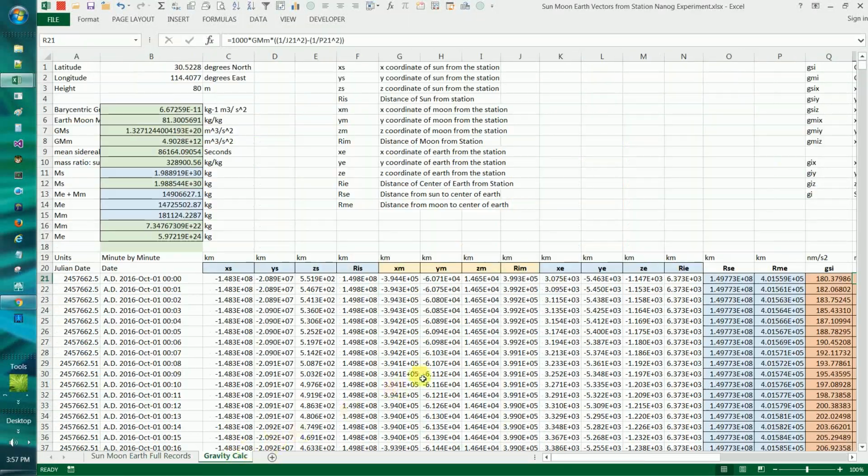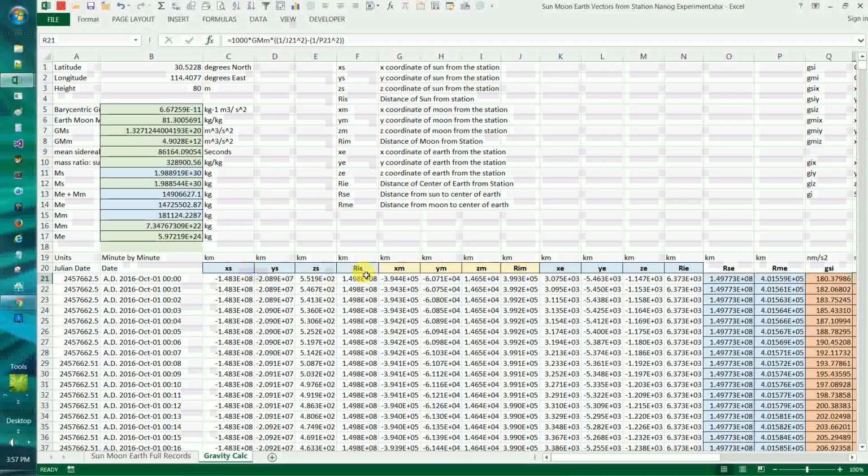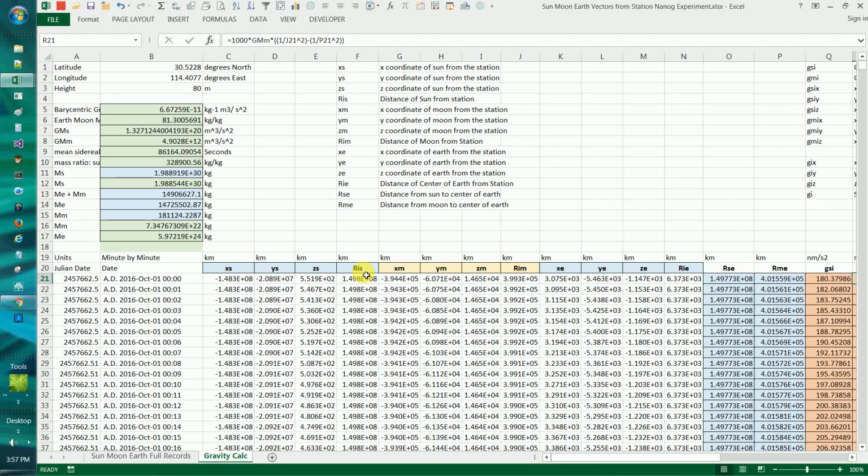From those, I extracted just the x, y, z, and distance from that table, and put it in here. So I got the x, y, and z and distance for the sun, for the moon, and the Earth.